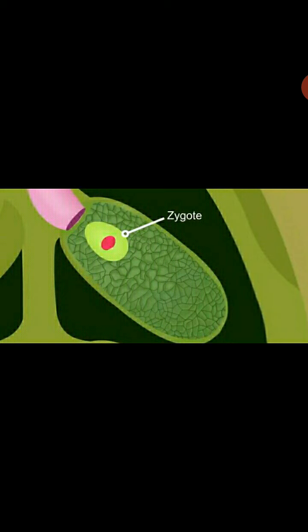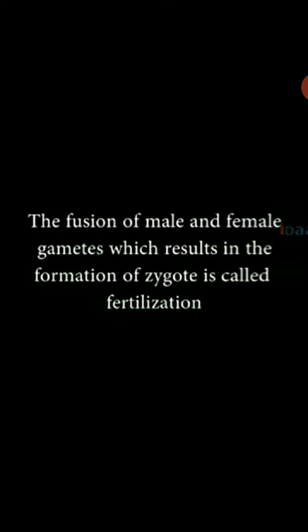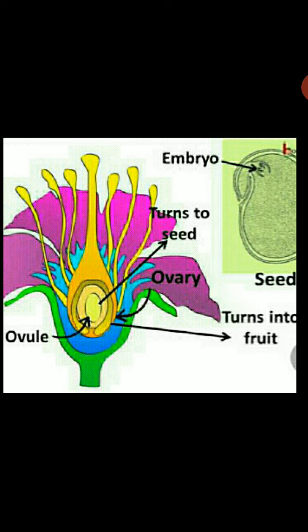So, the fusion of male and female gametes which results in the formation of a zygote is called fertilization. The fertilized egg or zygote divides several times to form an embryo within the ovule. The ovule gradually converts into a seed and the ovary of a flower develops and becomes a fruit.